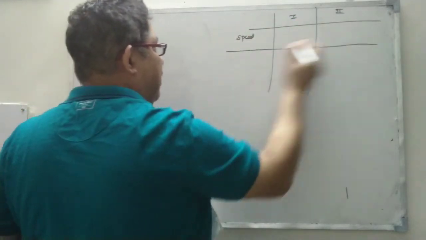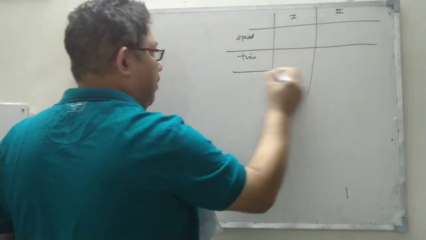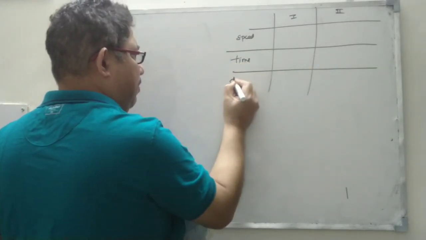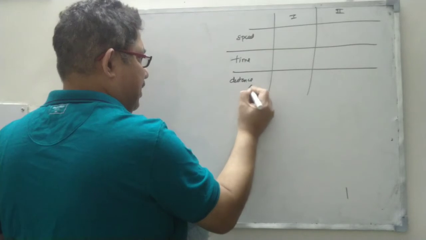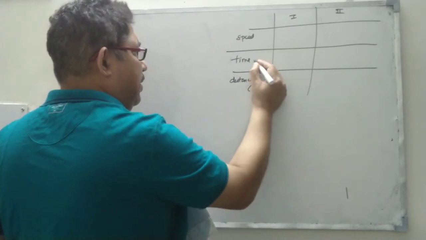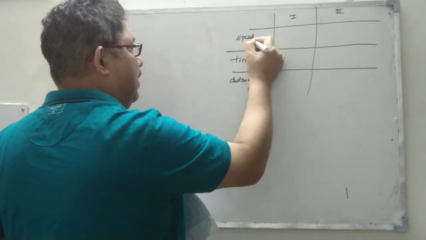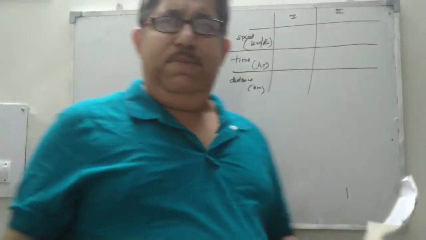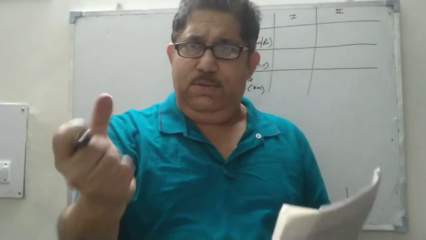Speed, time, distance in kilometer, time in hours, speed in kilometer per hour. You see, we must first analyze the question, extract from it what is needed, and then of course we are the king.